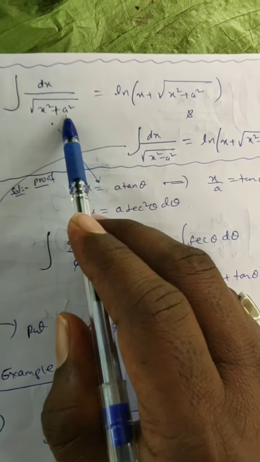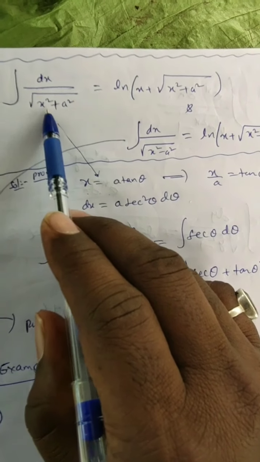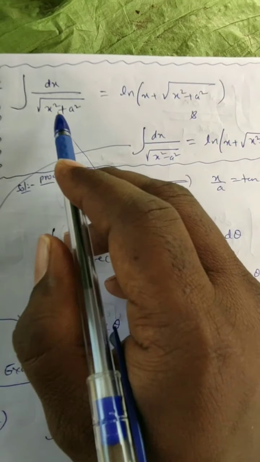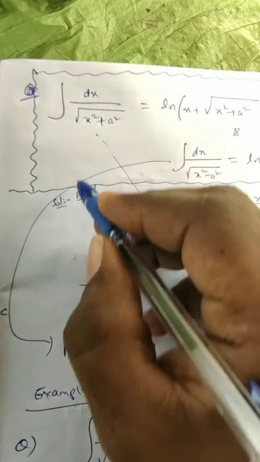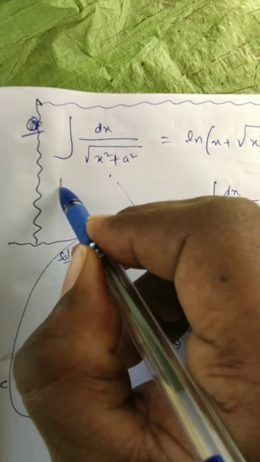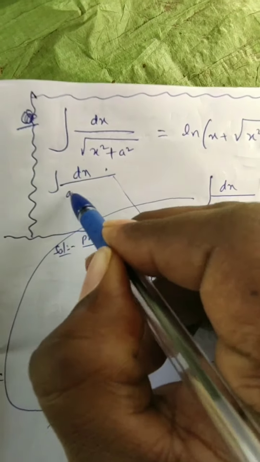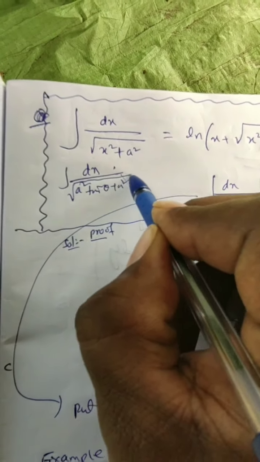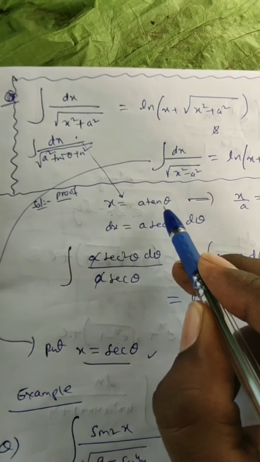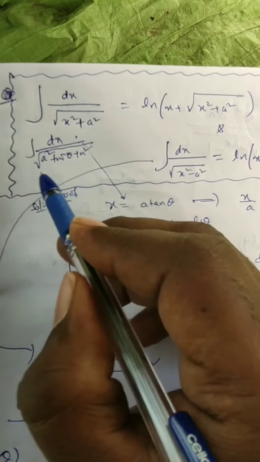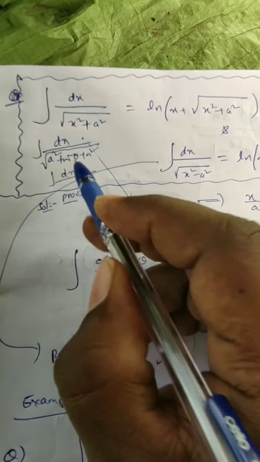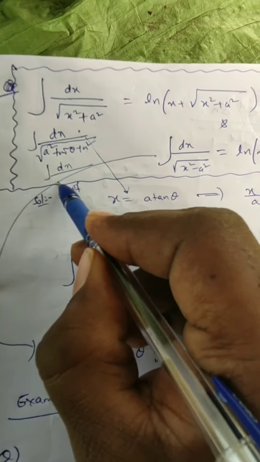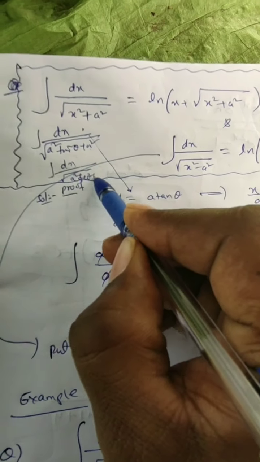If I use x as a tan theta, then a tan theta whole square is a square tan square theta. Are you getting it? A square tan square theta. If I take a square common, under root of a square tan square theta plus a square becomes, after taking a square common, tan square theta plus 1, that is sec square theta, under root of a square sec square theta.